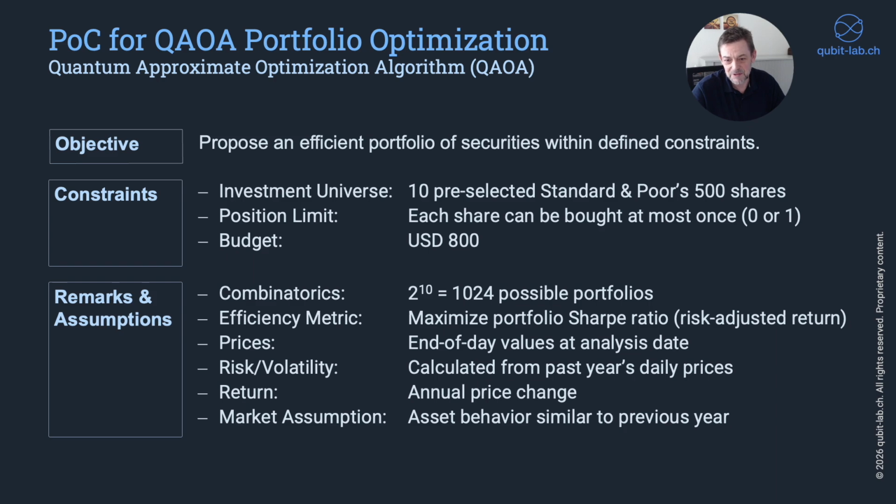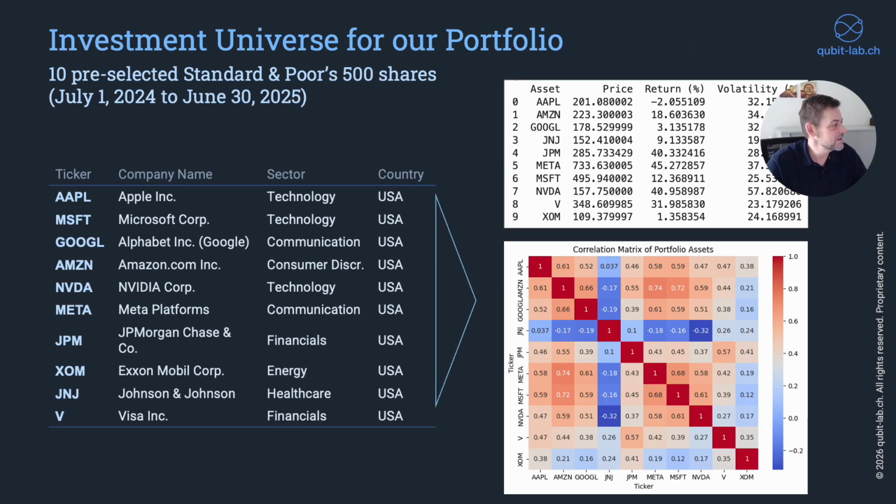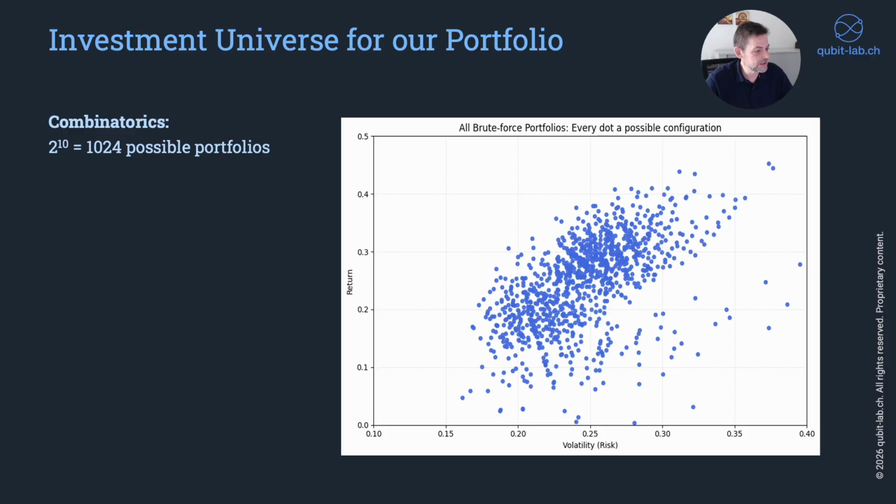And let's have a look. These are the shares I selected. It's 10 shares from Standard & Poor's 500, and we have here the returns and volatilities for the period of June 24 to June 25, and the correlation matrix of those. Here we see each of the 1024 portfolios in the risk return plot.